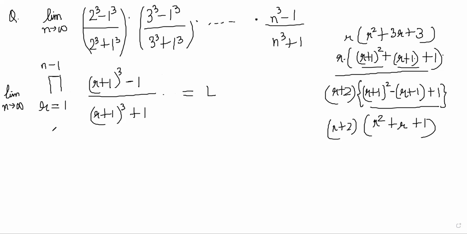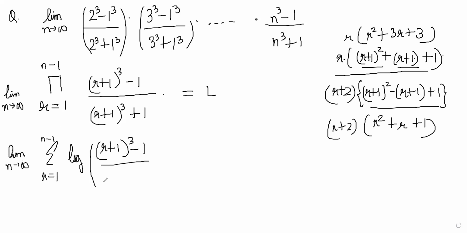So I'll say limit of n tends to infinity, and I'll put a log here, and it will become a sum from 1 to n minus 1 of log of this thing by (r plus 1) whole cube plus 1, which is equal to log L.